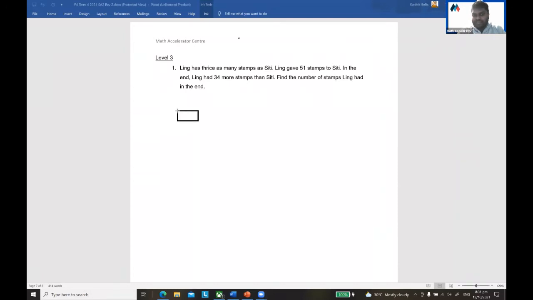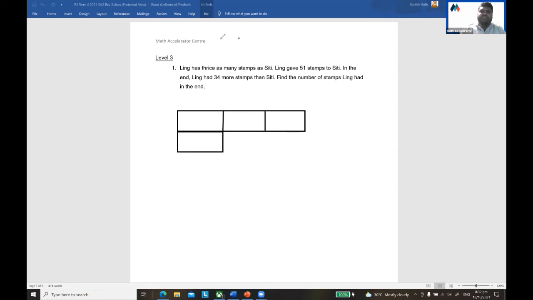So Ling has 3 units. I'll draw something of this magnitude so it's easier to see. This is 1 unit, this is 2 units. This is Ling and this is city.